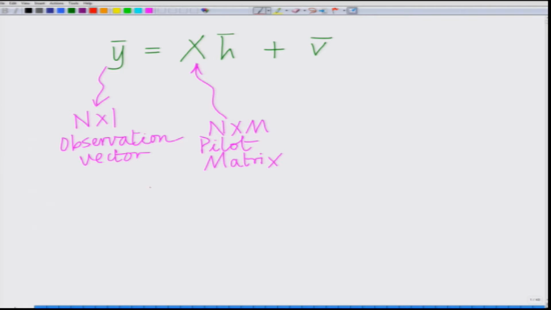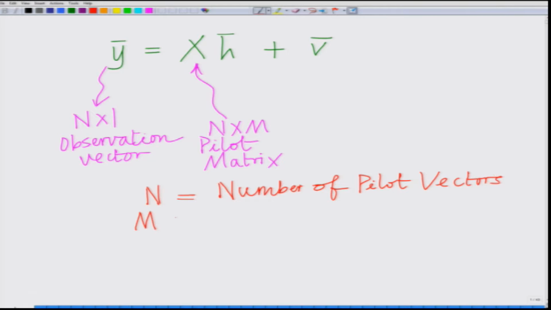Recall that N equals the number of observations, or basically the number of pilot vectors, and M equals the number of antennas.